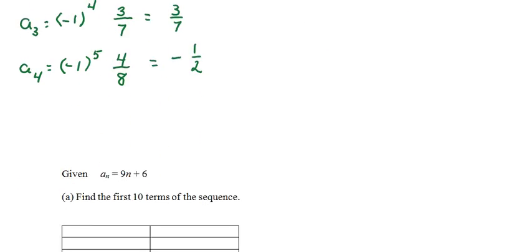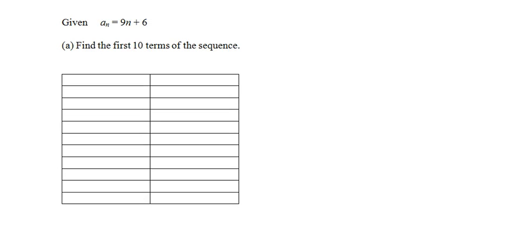In our second example, a sub n, the general term, is 9 times n plus 6. So we can use a table of values to list the first 10 terms. So we'll have n, and we'll have a sub n, where a sub n is 9n plus 6. And n goes from 1 to 10.